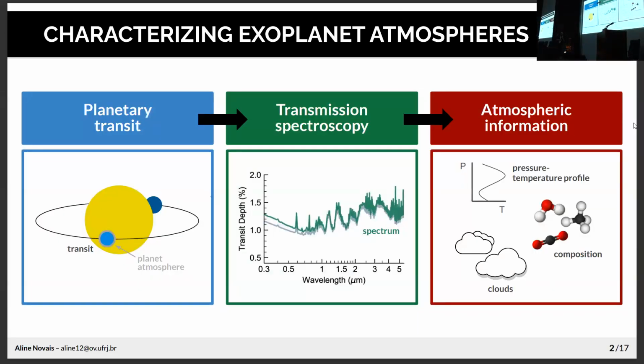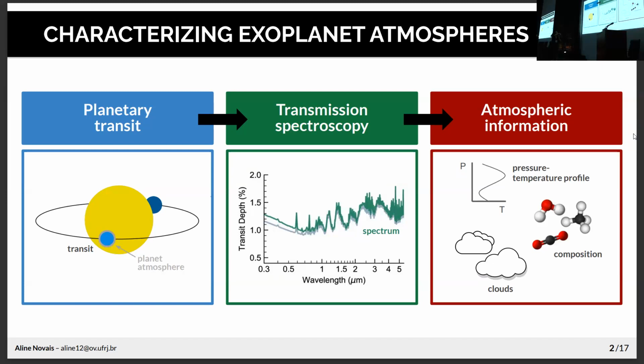So here I'm trying to summarize how retrieval works, actually how characterizing atmospheres works. As you probably know, we can do a lot with the transit technique. So we can observe the planet when it's passing in front of its star.